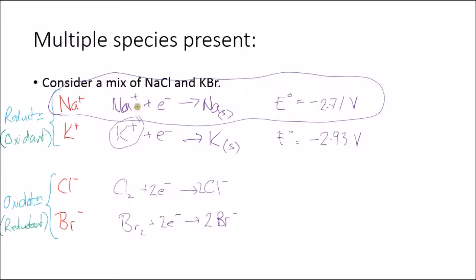I'm really talking about the same thing that's in the book, but the two ideas, go with whatever you find easiest to understand. As long as you understand that you're choosing the one that is most easily reduced in this case, or if you want to use the terminology of the book, it is the strongest oxidizing agent.